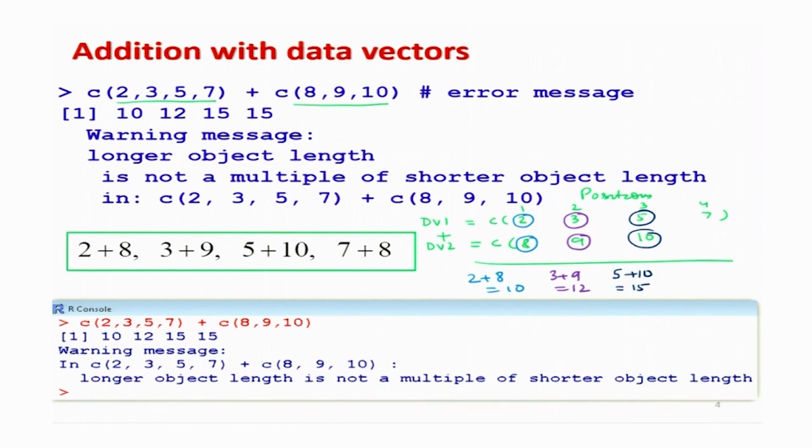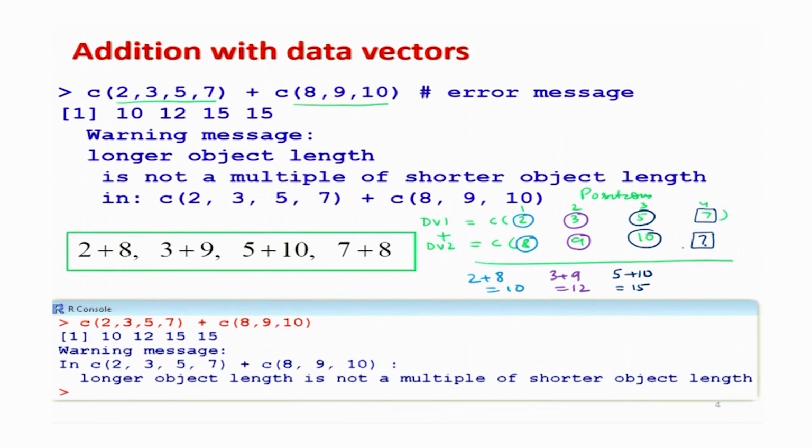Now, when the control comes to the fourth place in data vector 1 and the fourth place in data vector 2, you can see that this place is blank. There is no value in this place. So now R is confused about what to do. What it does is the following: it takes the data vector of the shorter length once again.